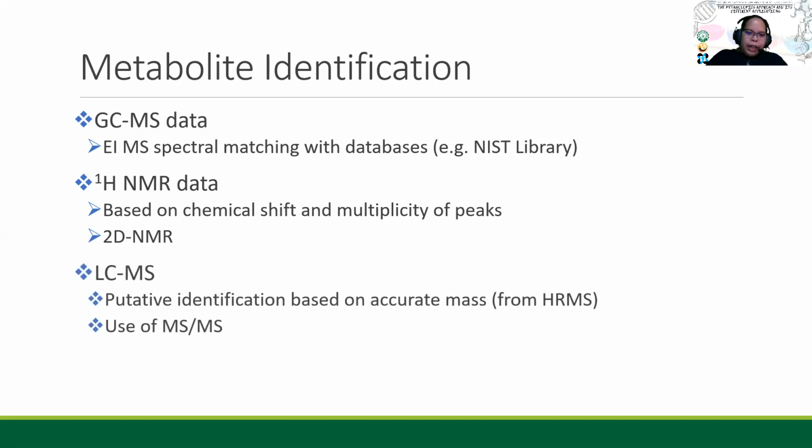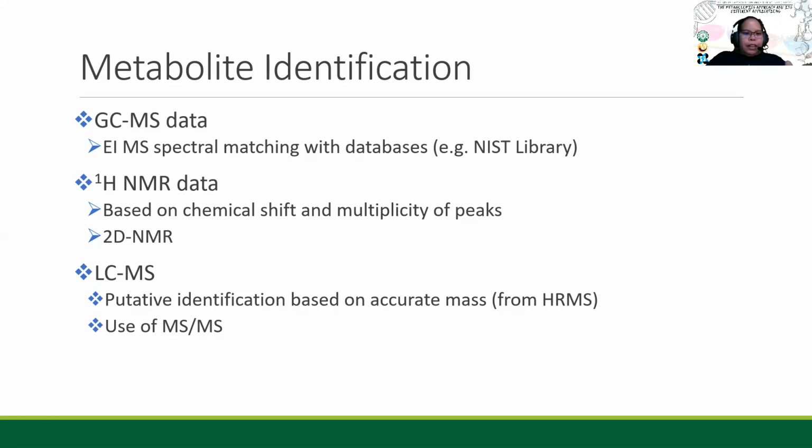For LCMS naman, if you're making use of high resolution MS, you can do putative identification based on accurate mass, and you can also use the fragmentation information that you obtain using MSMS. So ito, yung putative identification based on this can be for either your LC or your GCMS. But again, for GCMS, meron kang additional dimension of identification based on the fragmentation generated using electron ionization.